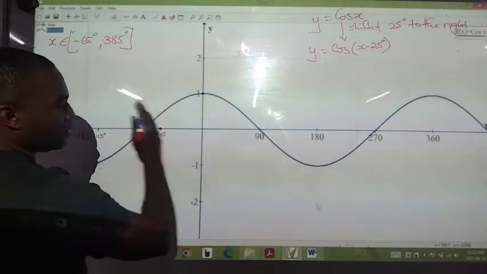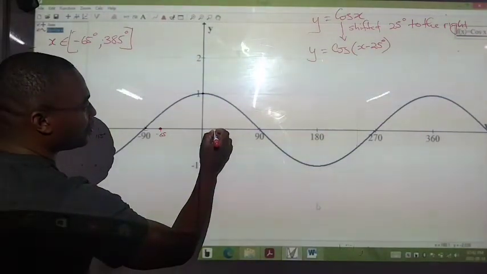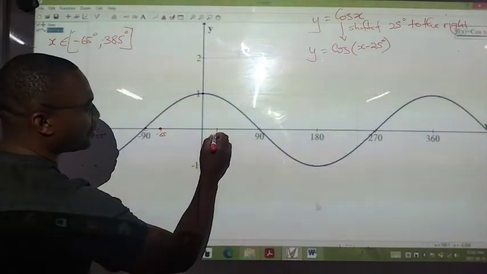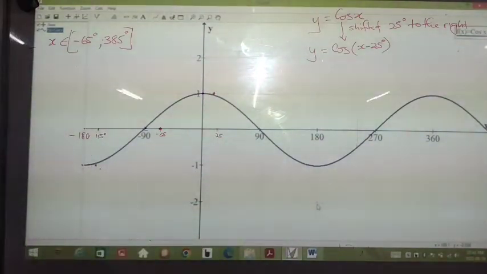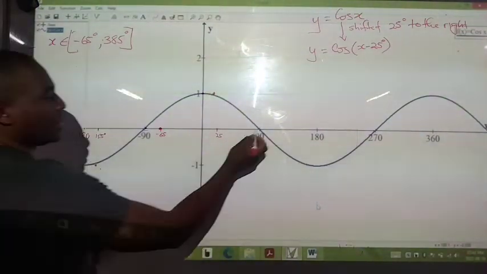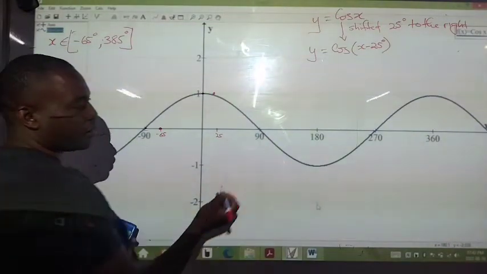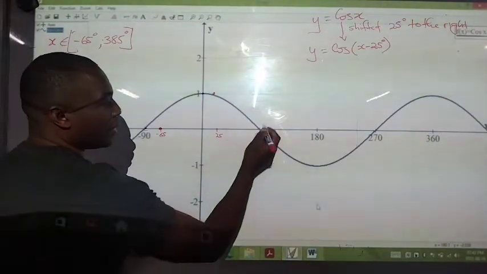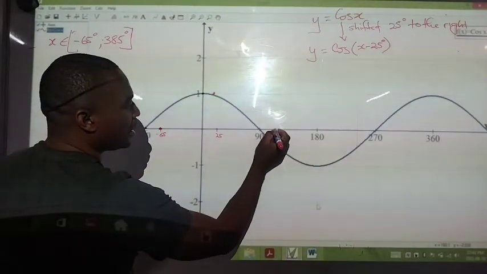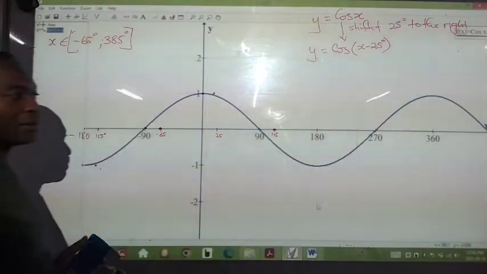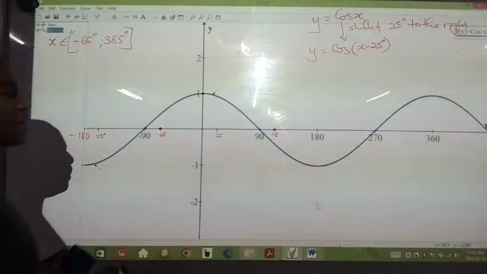We move it 25 degrees. So that will be at 25 degrees. That will be our new point. 90 plus 25, which will be 115. That's where the graph is going to cut the x-axis.